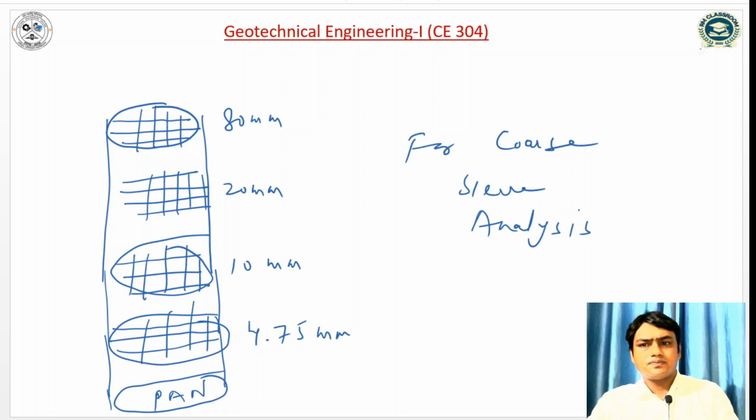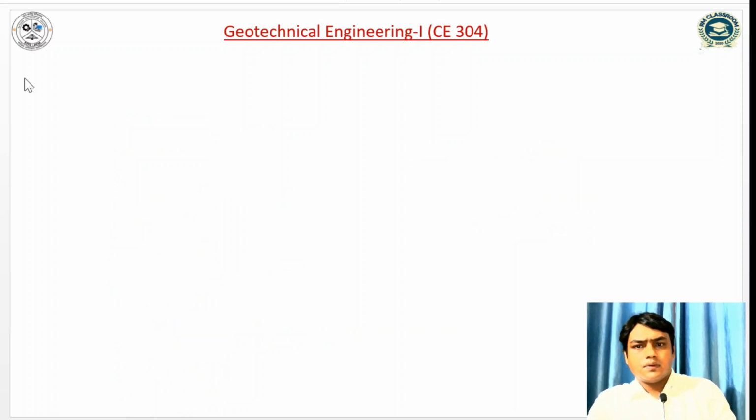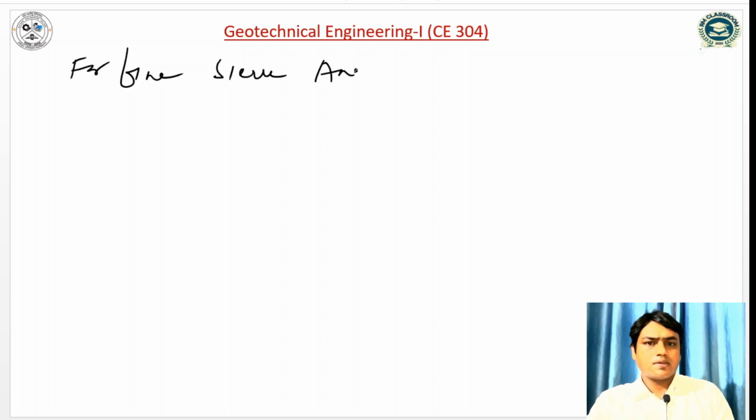Similarly for fine sieve analysis, the different sets of sieves are staggered in such a way that the larger sieves are on the upper part and the smallest sieve size is on the lower part. You have to stagger them in decreasing order.